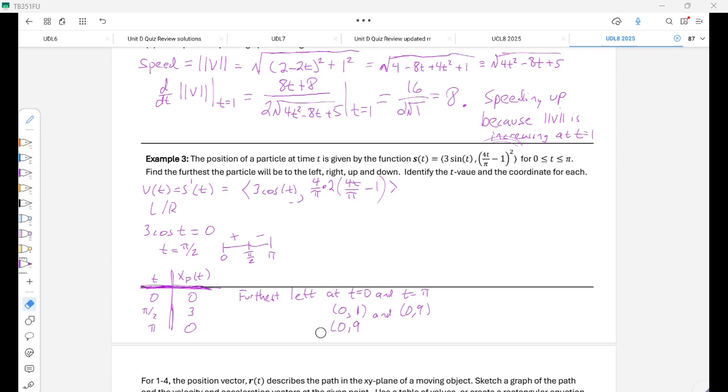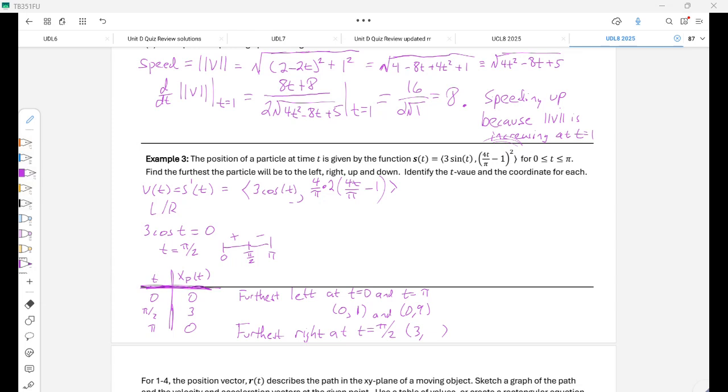You're right. And then it's furthest to the right at t equals pi over 2. And that is going to be 3 sine, we already know the x coordinate's going to be 3. We just need to figure out the y coordinate. 4 times pi over 2, but then divided by pi.